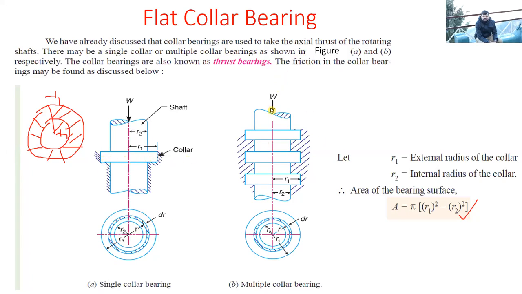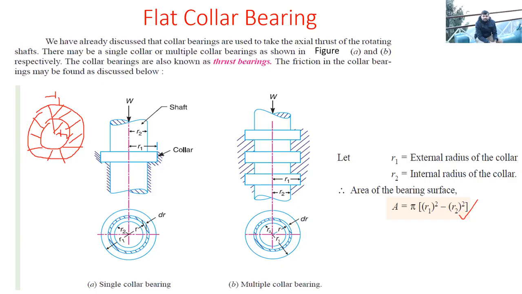In case we have a huge amount of axial thrust coming on the shaft that has to be transmitted to the bearing, then we can use multiple collars also. All the collars would be of equal size, with external radius R1 and internal radius R2. For the multicollar, the equation will be very similar, just n, the number of collars, will be multiplied in the formula.